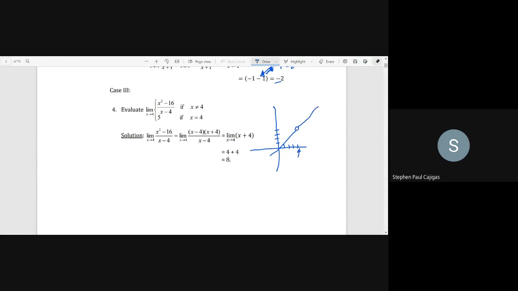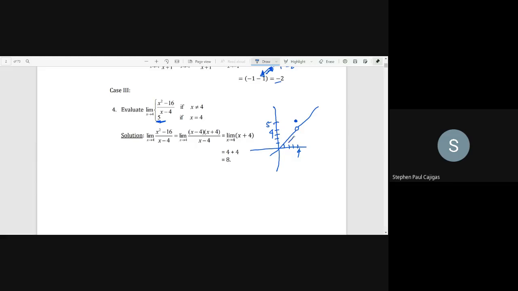This is 4 and this is 4. But in our function, if x is equal to 4, our function is equal to 5. So there is a point here, which is the value of the function when x is equal to 4. So this is 5 because of how we defined the function.